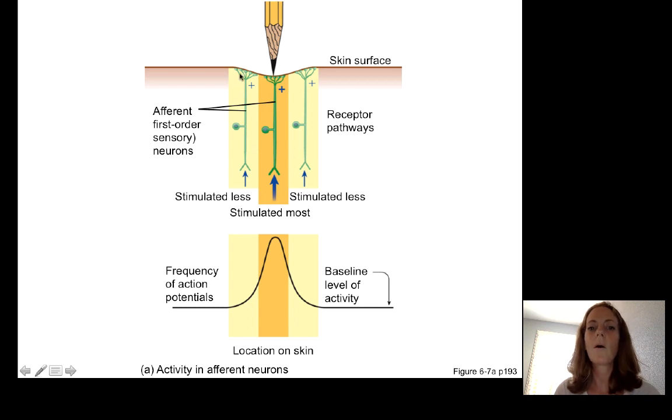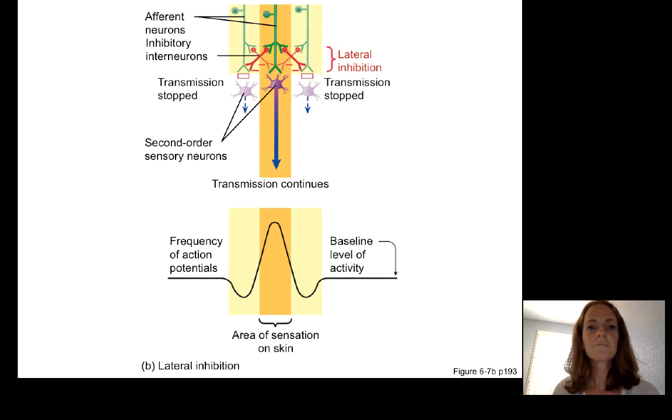As opposed to them all being active at the same level, there's a little bit more fine-tuning of information when we have lateral inhibition. So there's a picture of the lateral inhibition, so they each inhibit each other, and the strongest transmission is what will be sent to the central nervous system.